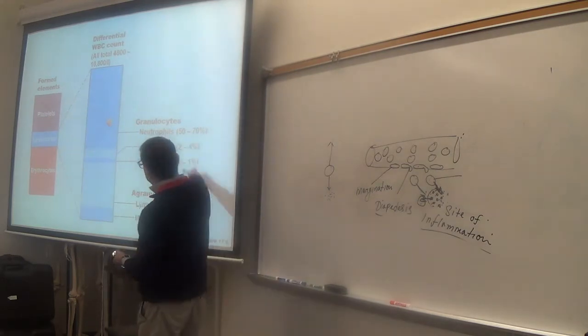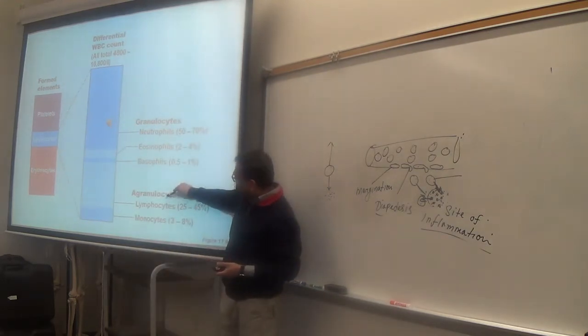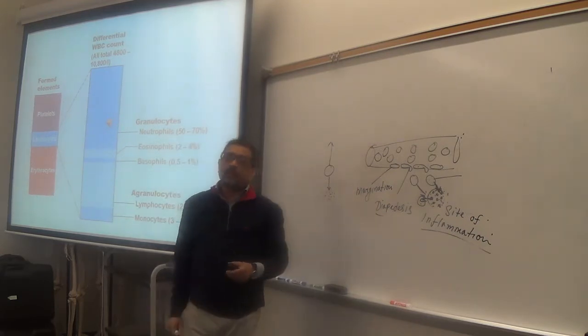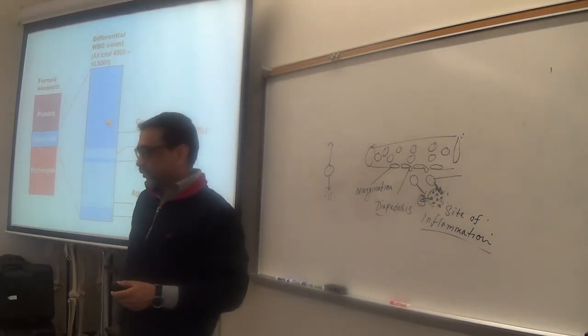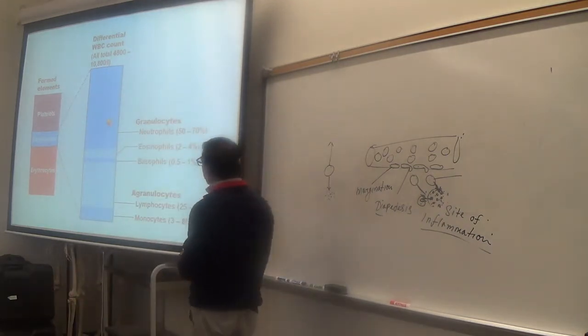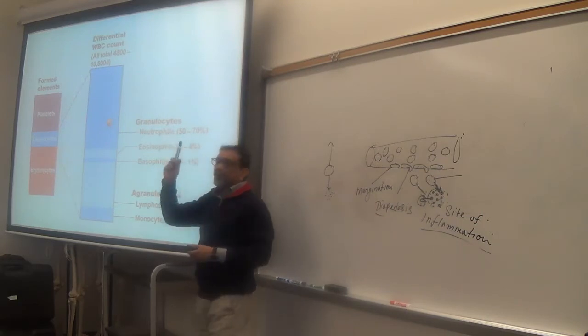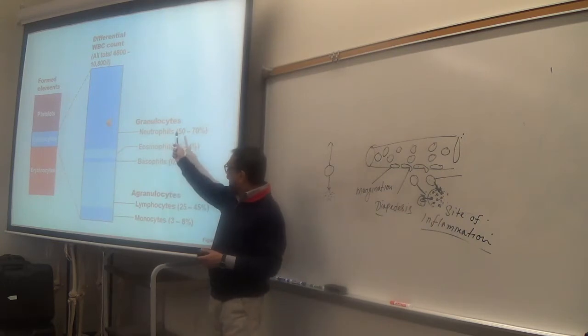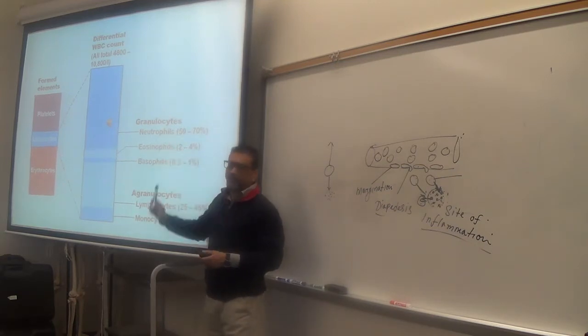Okay, so here you see granulocytes, agranulocytes. Now, which type of white blood cells are most common? Neutrophils. Neutrophils are the most common. If you count 100 white blood cells, you would expect 50 to 70 of them are what? Neutrophils.